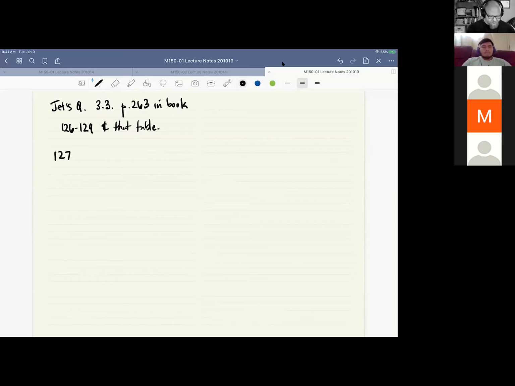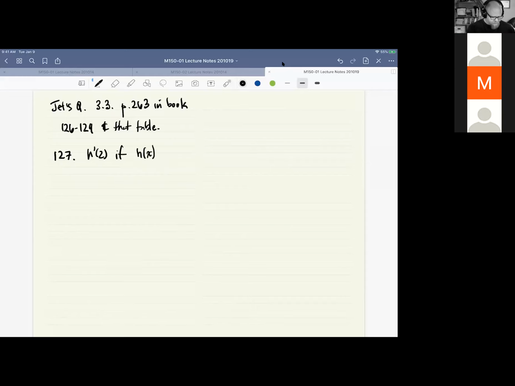Number 127 says, find h prime of 2 if h of x is f of x over g of x. Okay? Right. So let's set this aside for a second and just notice that we want to calculate a derivative. So you look over here and you say, hey, we've got the quotient rule, so I can calculate the derivative of that.